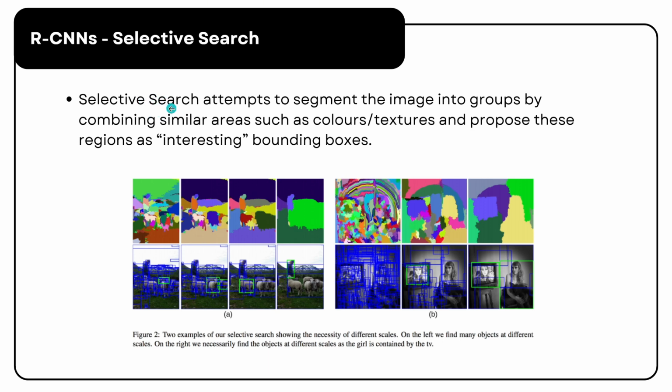While it's not perfect, selective search enabled the first generation of deep learning detectors like the RCNN to be both accurate and relatively efficient.